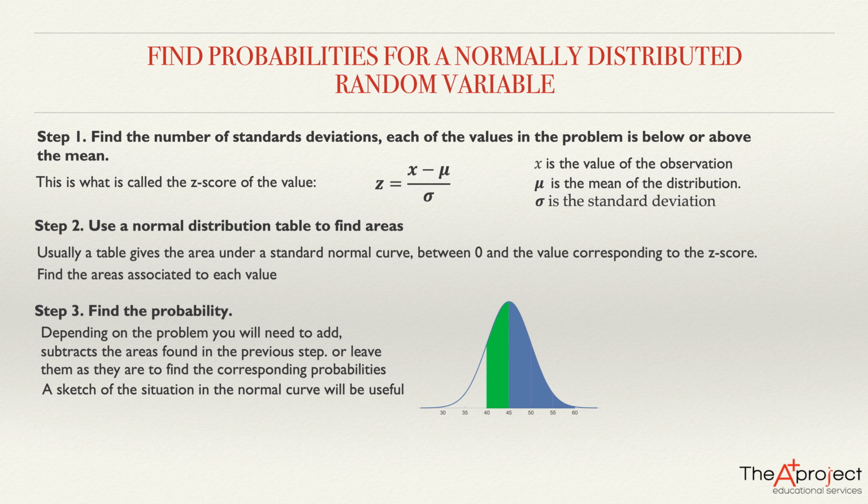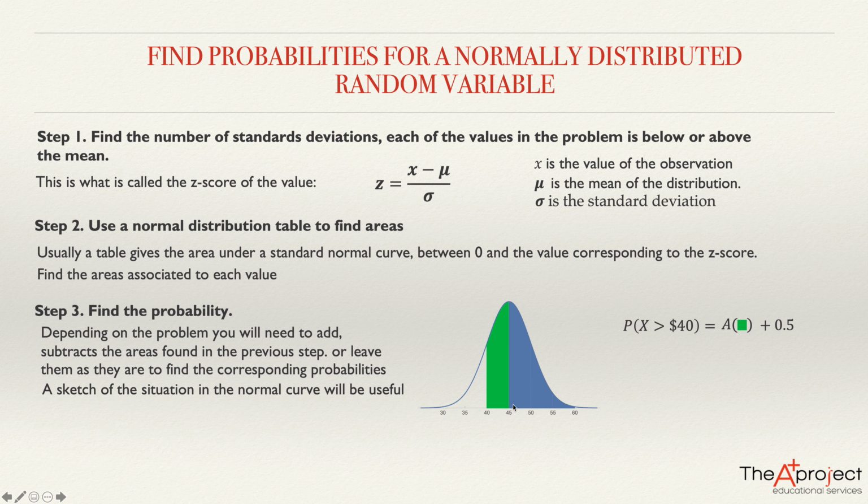For example, if you have a graph like this, and the question was, what is the probability that x is greater than 40? Remember, this is 40, and 45 was the mean. Greater than 40 will be all this area, all the numbers to the right of 40.